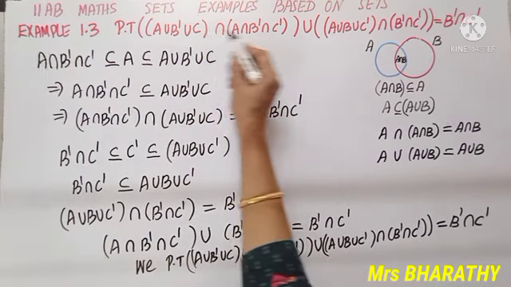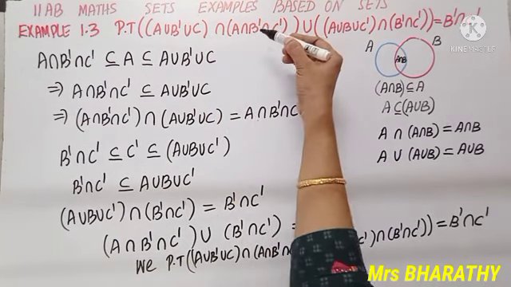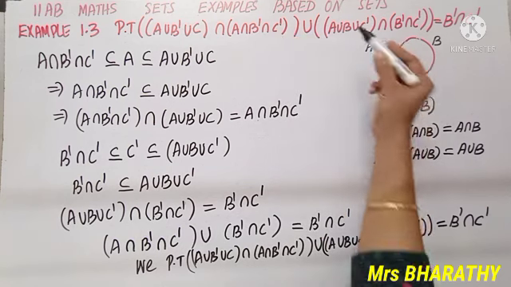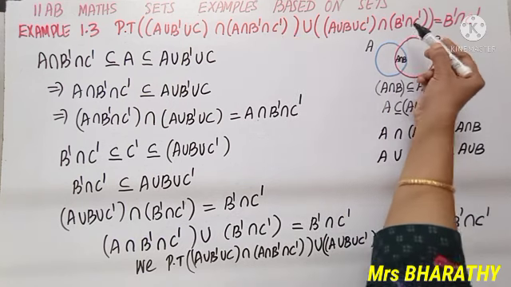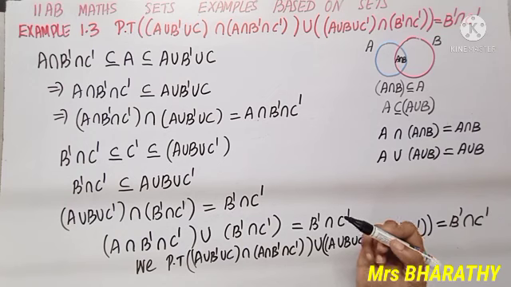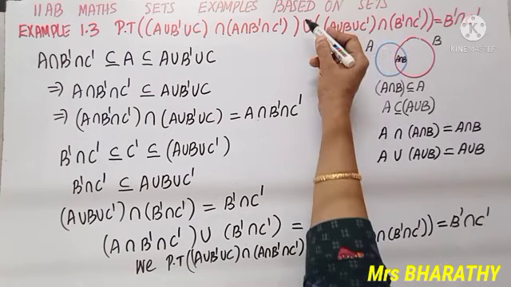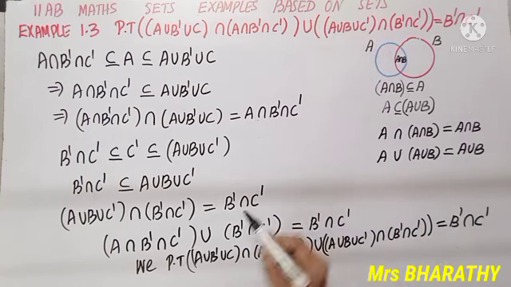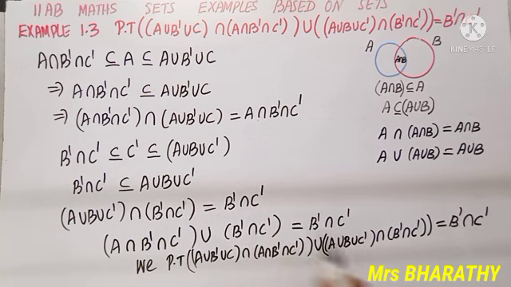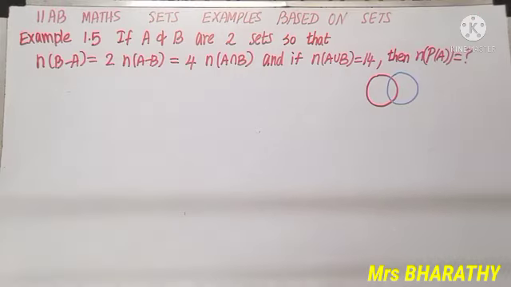So out of these two, we have chosen this as the answer. Out of these two, we have chosen this as the answer. For the total union, I will choose B dash intersection C dash as the answer.